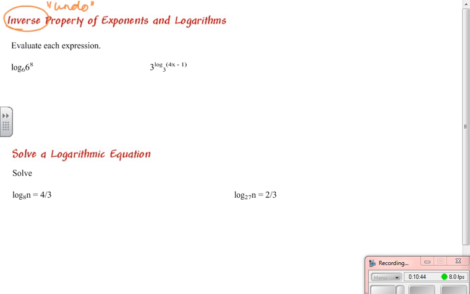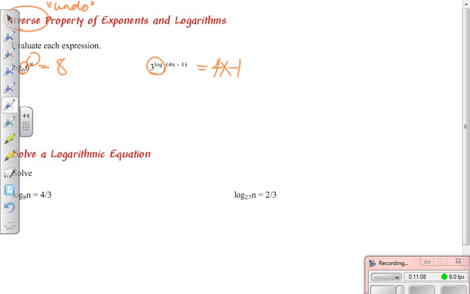They undo each other. So if you see base 6 of 6, those are going to undo each other, and your answer is going to be the exponent. Here you have 3 raised to the log base 3 power. Those two will undo each other, and your answer will be 4x minus 1.